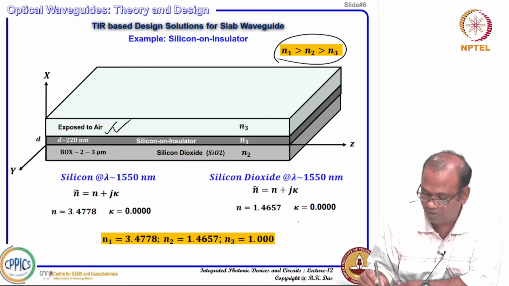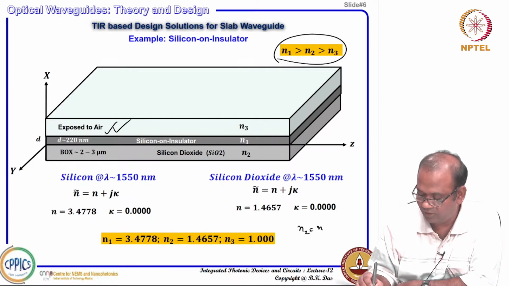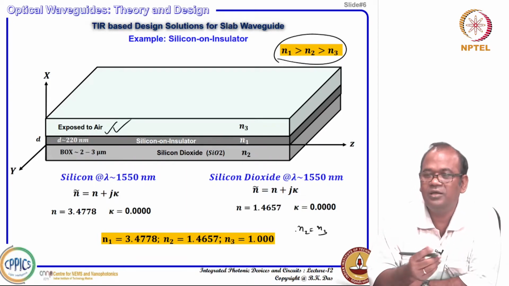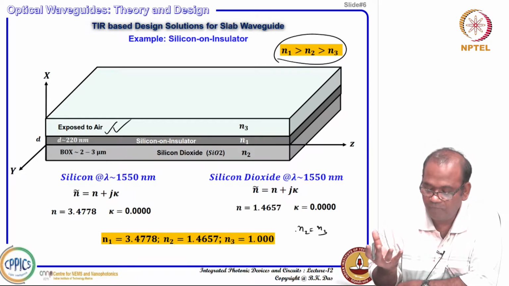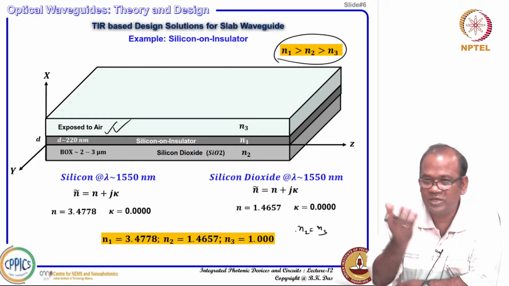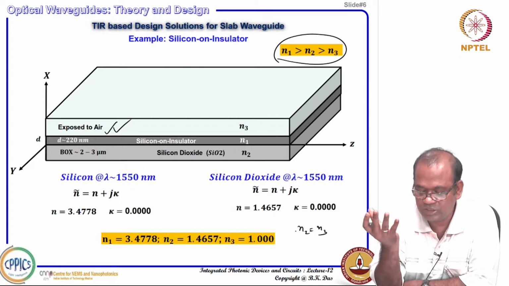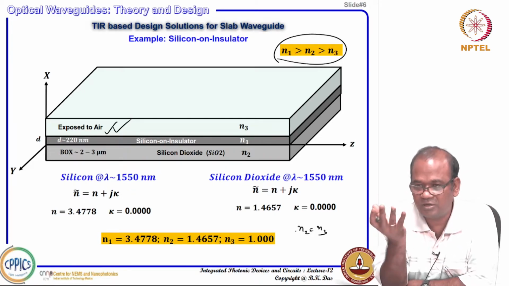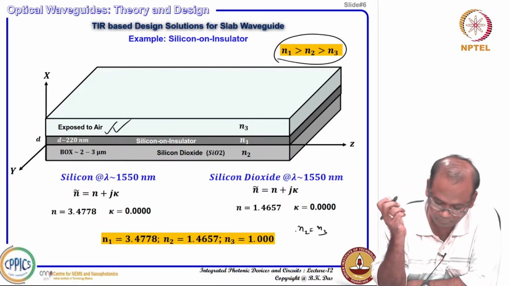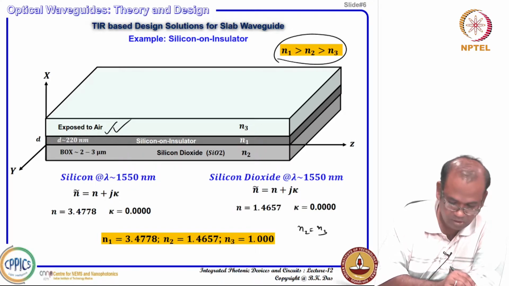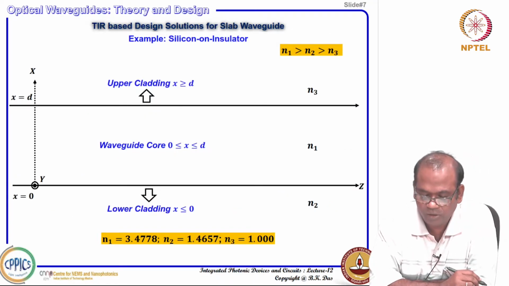So, in that case we will be considering N2 equal to N3, but occasionally if you want to use the top layer as air, you can just remove the oxide layer in that particular area, so that you can design your waveguide structure asymmetric, with an asymmetric SOI structure. Cool. So, now let us move on.